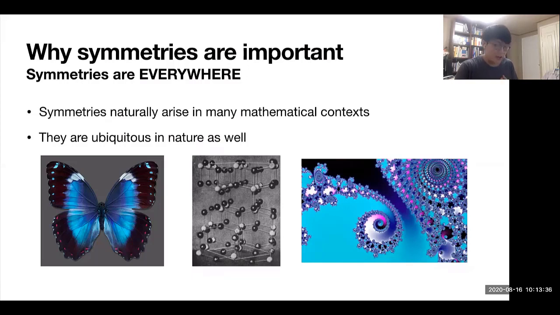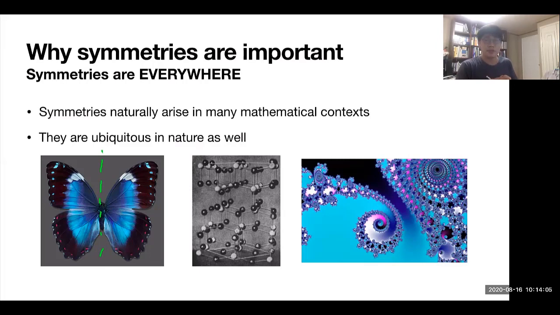You can see that a lot of life forms already have symmetry in their development. Butterflies, for example, have reflectional symmetry. Humans also have reflectional symmetry. You can see all sorts of different symmetries naturally occurring in different contexts in biology. And you can also see examples in chemistry and physics.